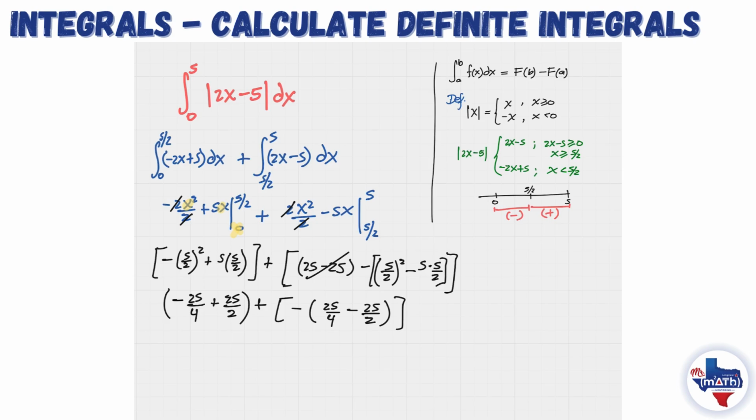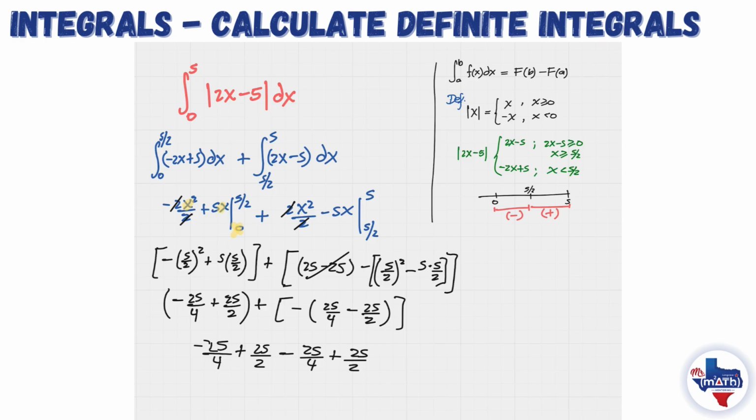Let me write it out: negative 25 over 4 plus 25 over 2, and then minus 25 over 4 plus 25 over 2.